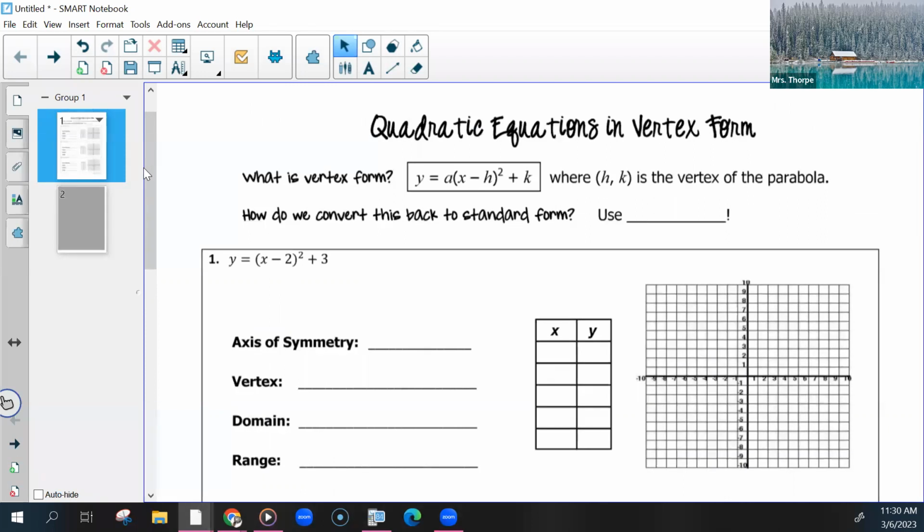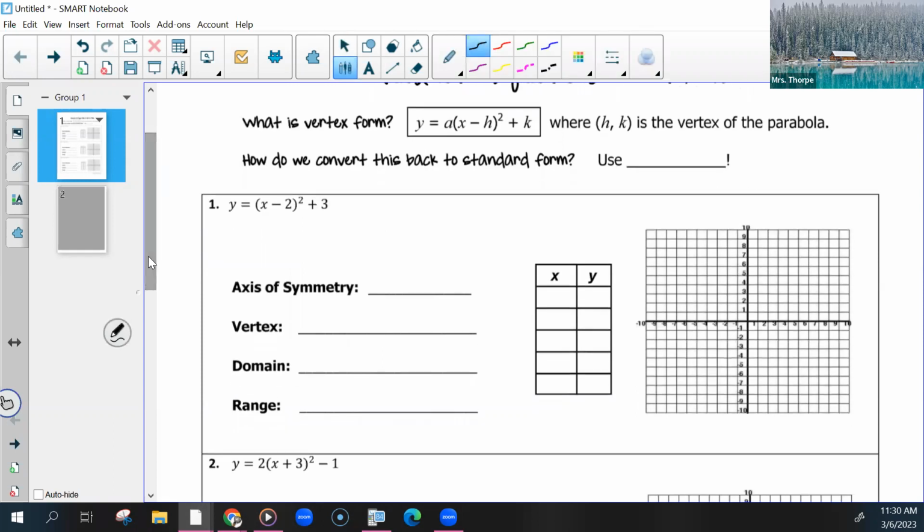When we look for the vertex, whatever number is on the outside is going to be exactly what it is. So if it says +3, when we write it in the ordered pairs, it's going to be +3. The x, however, is going to be different. So whatever is inside is going to be the opposite. So if this says x minus 2, it's really going to be +2.